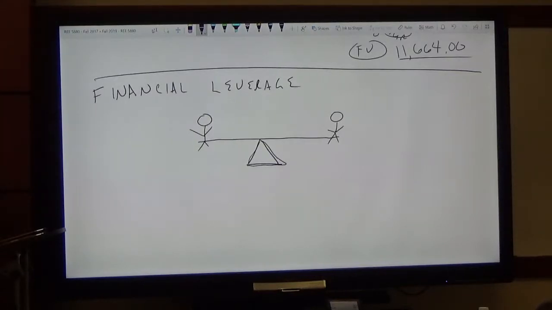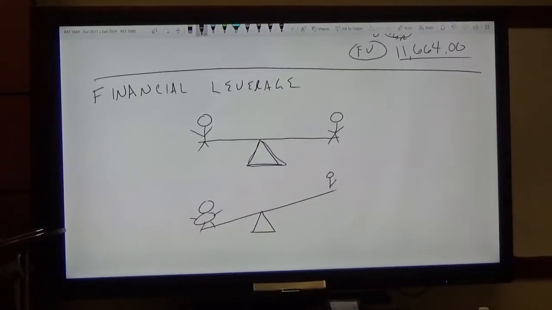But if all of a sudden we change things a little bit, you're going to see the reason in a minute. If you've got the big kid down here on this end, they're easily able to lift the little kid on the other end.